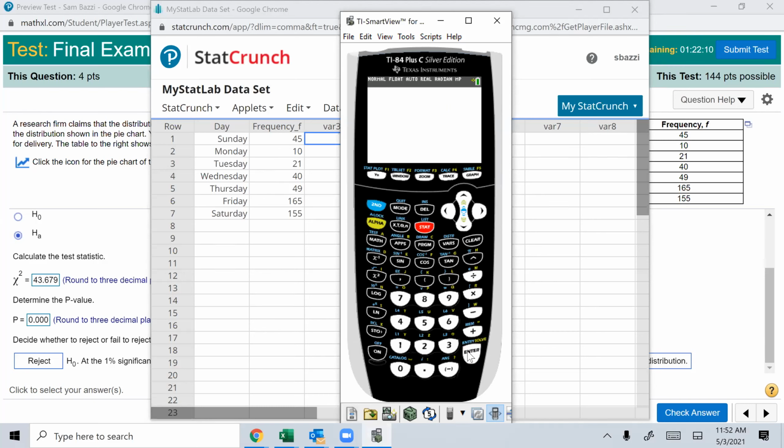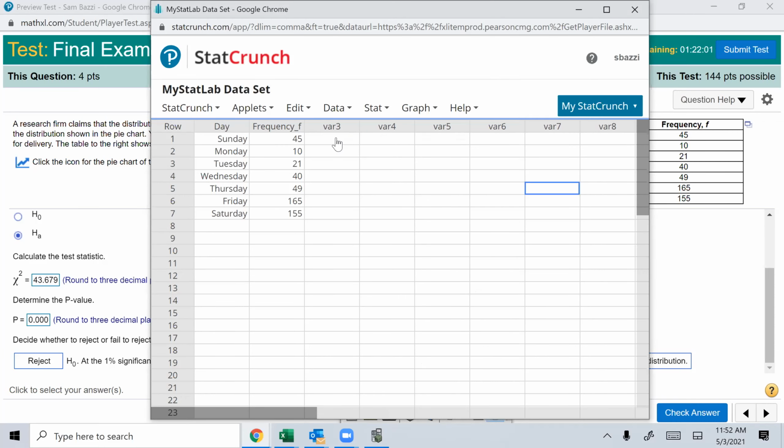Stat, Edit. 38.8, 24.25, etc. You just have to do them manually and put the values. I'm just making up some values right here. The ones that we got on the calculator, the exact ones, guys, you just copy and put in there.